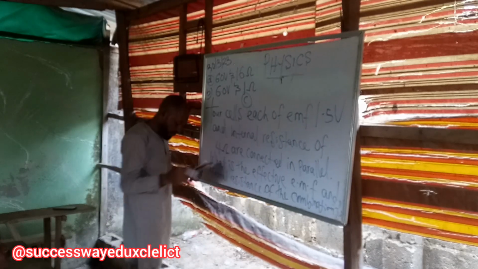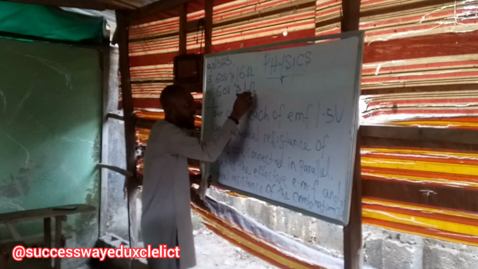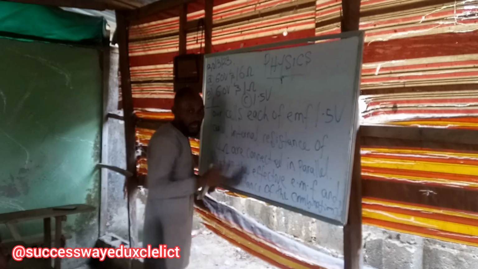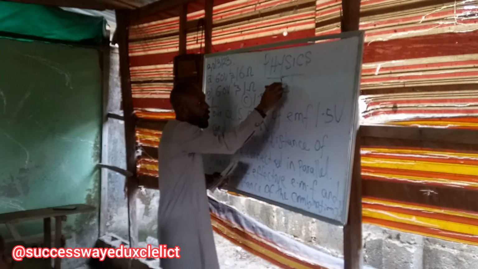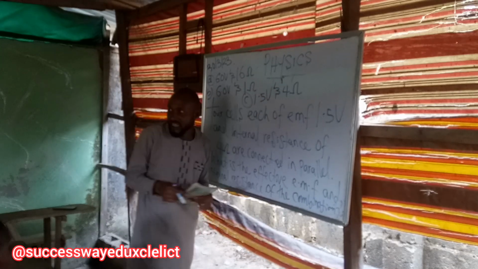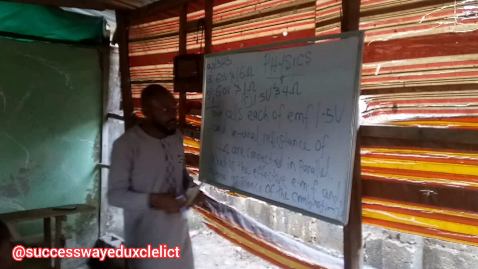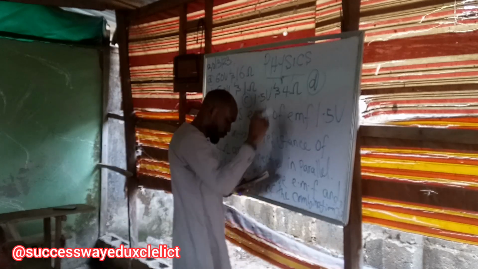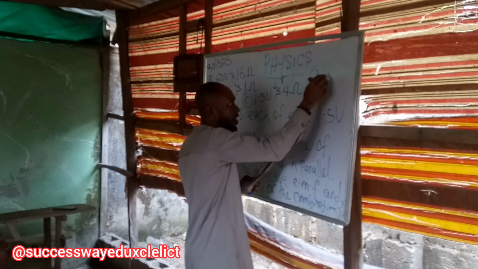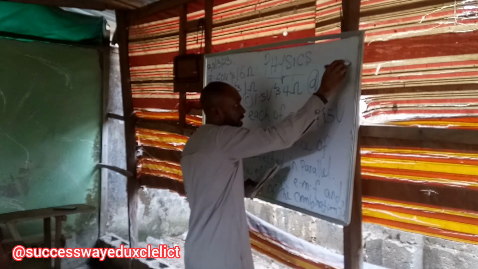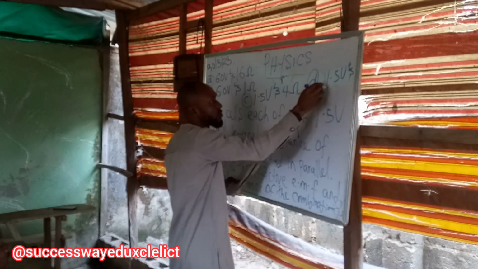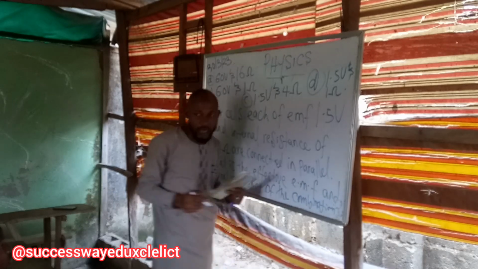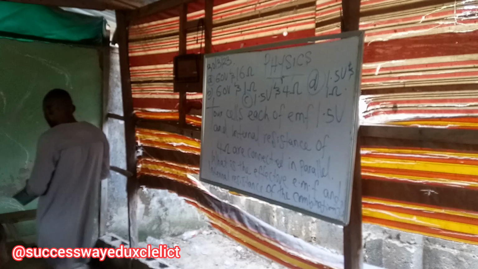Option C: 1.5 volts as the electromotive force and 4 ohms as the internal resistance. And the final option: 1.5 volts and 1 ohm as the internal resistance.